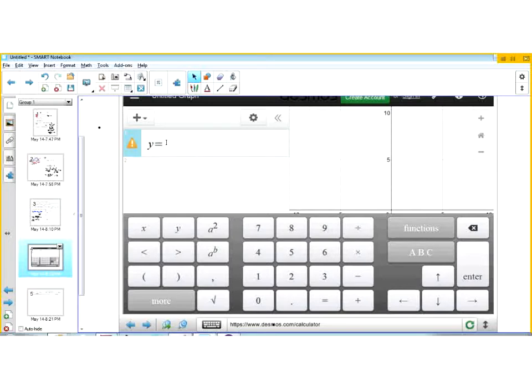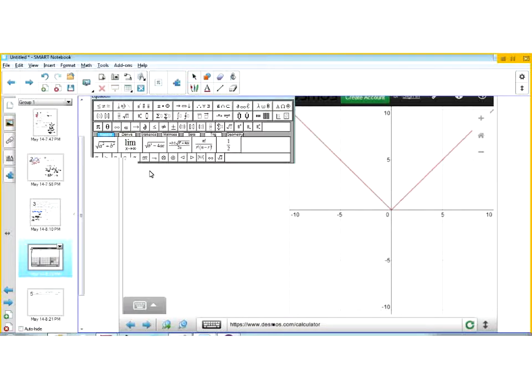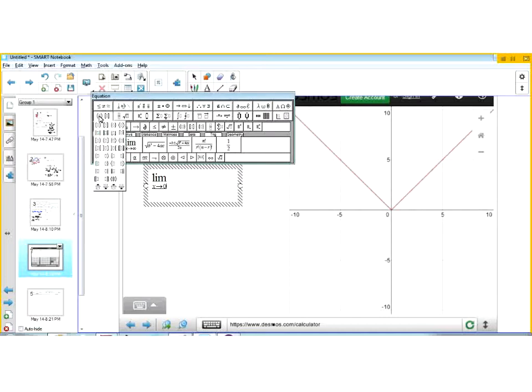All right, so let's say y is equal to the absolute value of x. Here's the graph, and so the question is the limit as x approaches 0 of the absolute value of x. Let's see, do I have an absolute value?